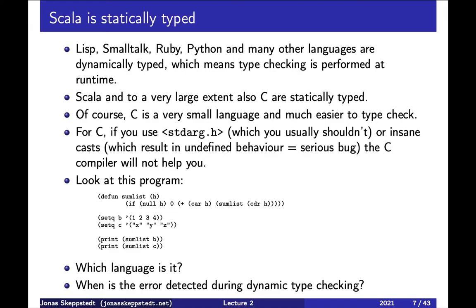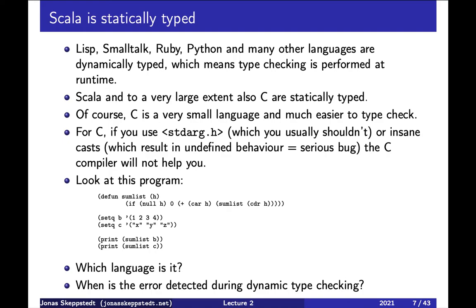Furthermore, Scala is statically typed, in comparison to Lisp, Smalltalk, Ruby, Python and other languages, which are dynamically typed. So why is that a good thing? Well, you get the type checking at compile time, which is a matter of preference, but clearly it has some advantages to get an error message as early as possible.